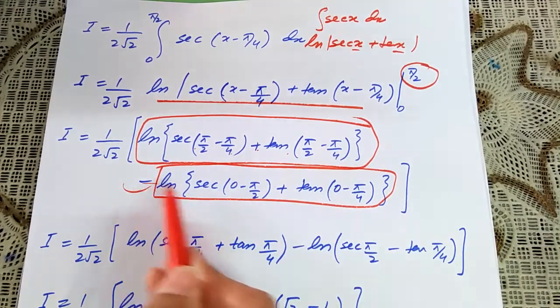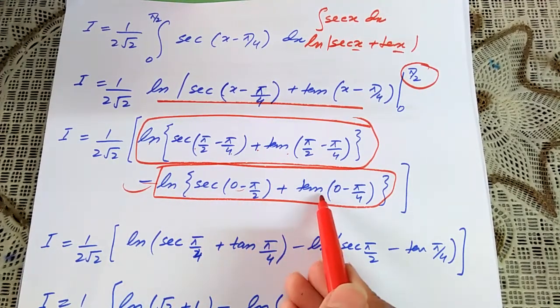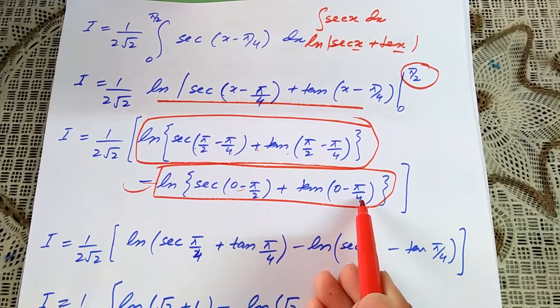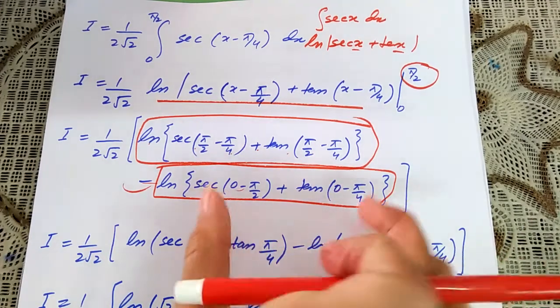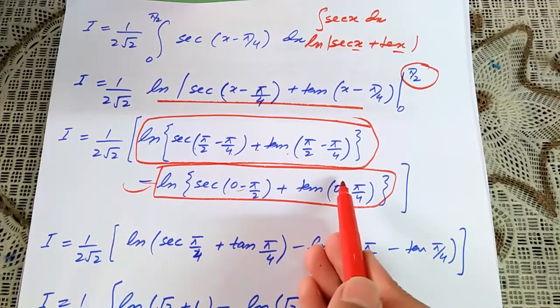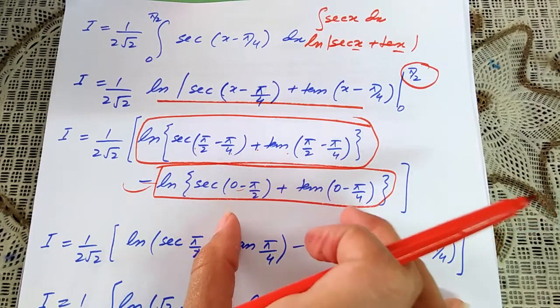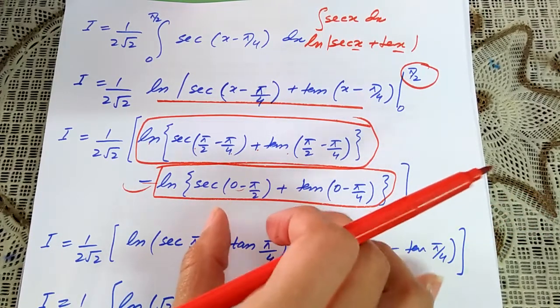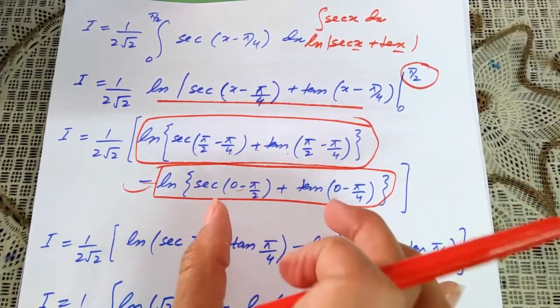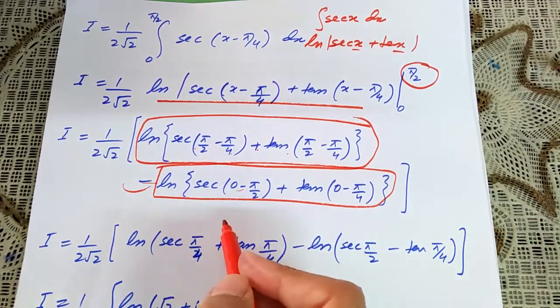Then minus ln of secant(lower limit minus pi by 4) plus tangent(lower limit minus pi by 4). You will be very conscious while doing this step because it has lots of brackets, so you can get confused or make a mistake. Just focus on this step clearly so that you can write it correctly.